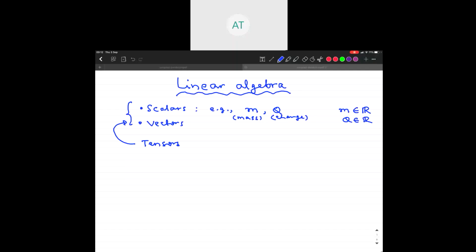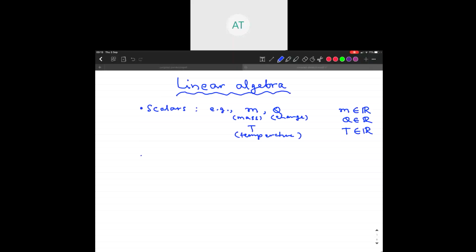And then we can think of another quantity like T, which is say temperature. So let's just bring them a little below. These are pure numbers. Mass is a number, charge is a number, temperature is a number.